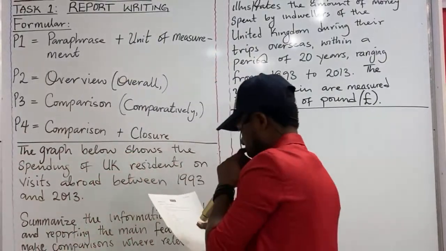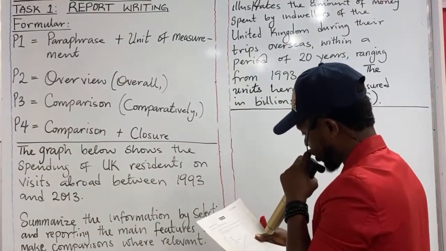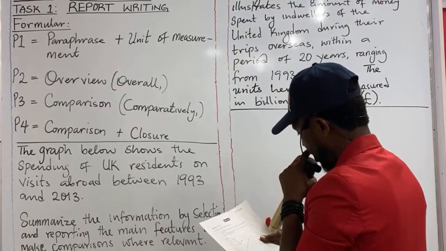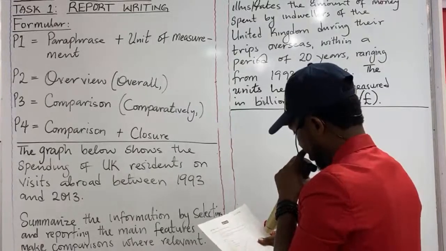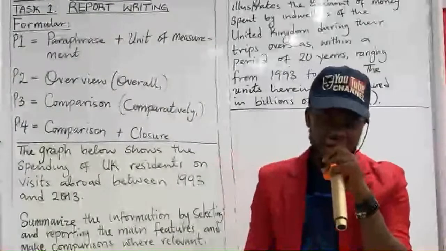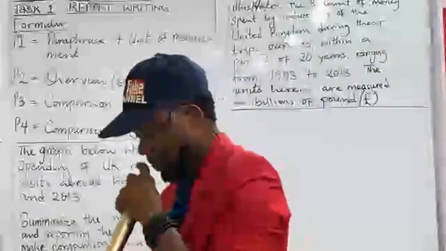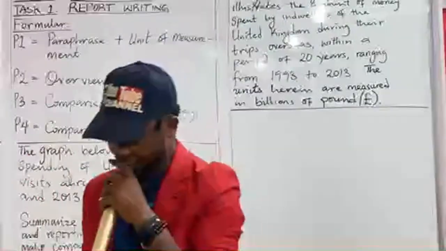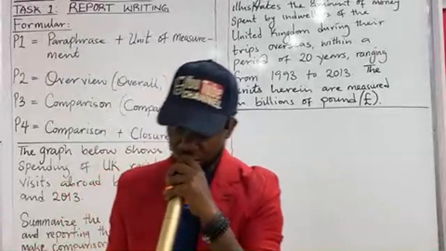The graph shows that the residents of the United Kingdom invested their funds into 4 different areas, such as holiday, business, visit friends or relatives, and miscellaneous.